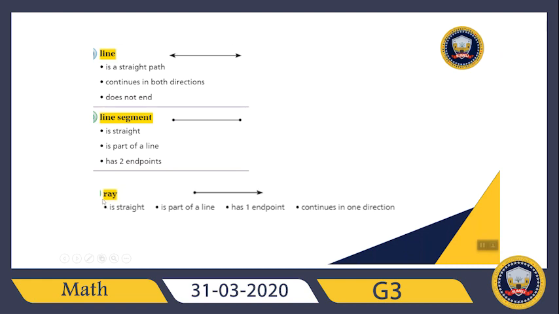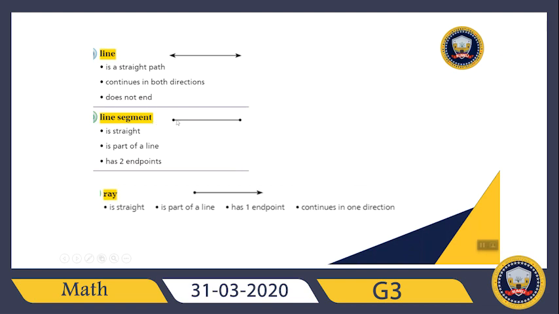And the next one is a ray. Guys, a ray is straight, as you see, and is part of a line. It has one endpoint, but it continues in one direction. One more time, review. Ray: one endpoint and continuing in one direction.